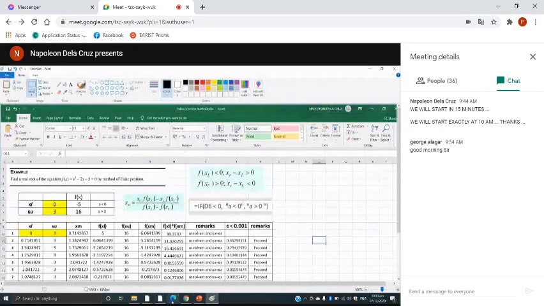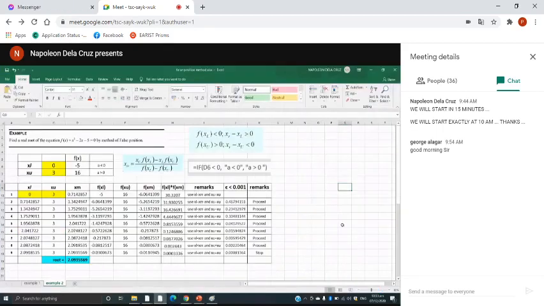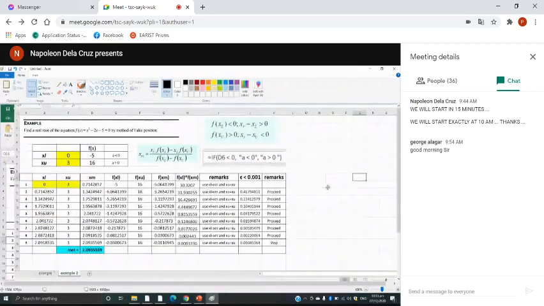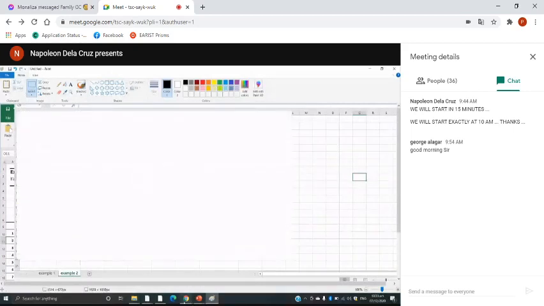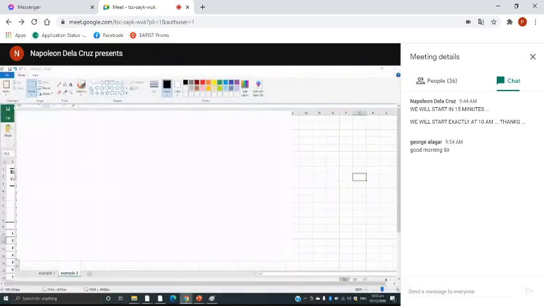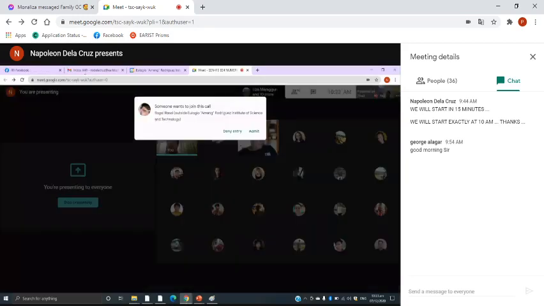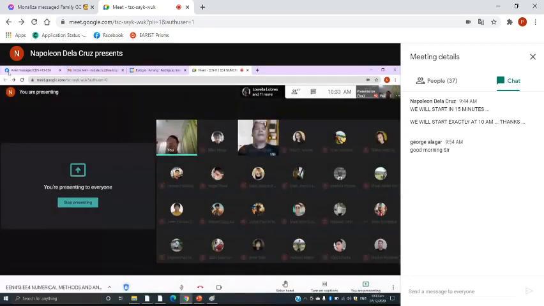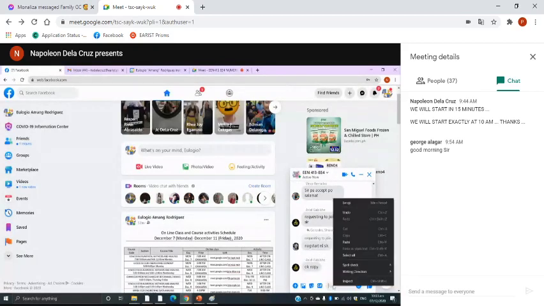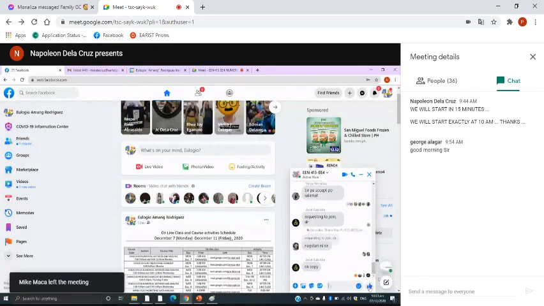May iba pang tanong? Bakit ganun? May iba pa tayong tanong? May tanong pa, tanong. Gusto ko may magtanong. Pag ako nagtanong, is ko lang yung Excel ko kagad, ha?